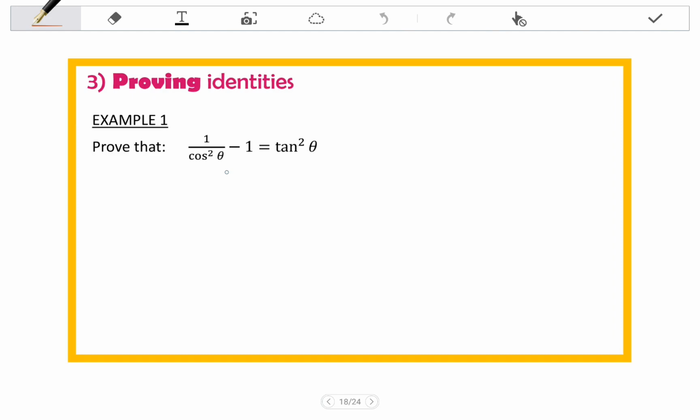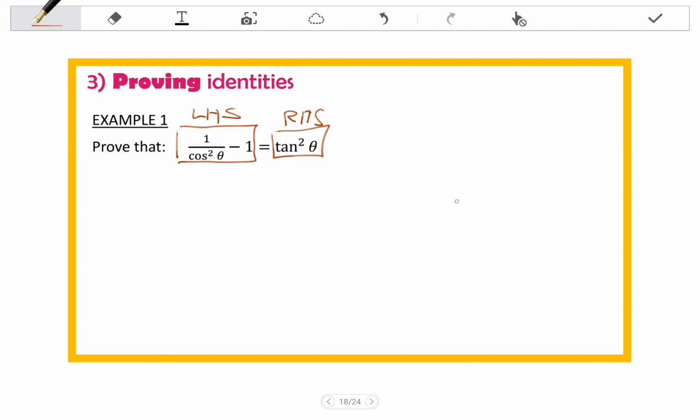Example 1 says prove that 1 over cos theta squared minus 1 equals tan theta all squared. Now when you are proving identities, remember to split the identity into its left-hand side and the right-hand side, and what you need to do is prove that the left-hand side is equal to the right-hand side.